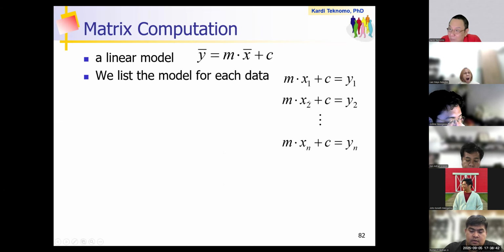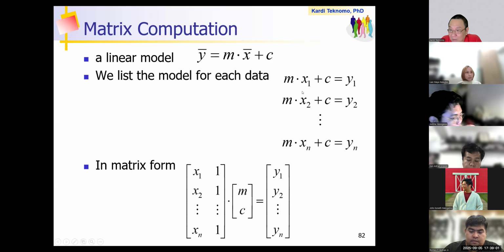But if you look at this kind of listing down each row in the model, this is exactly the same m, and here is also exactly the same c. So we can put this into matrix form. How do you put this into matrix form? Look at exactly the same here.